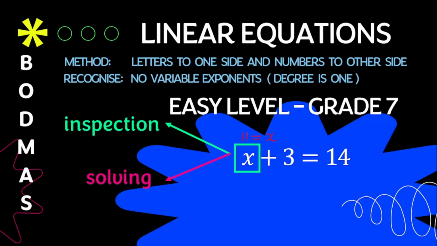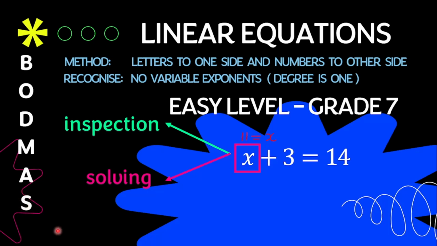Now, when you get to the higher grades, we don't do inspection anymore, we do solving. So we are now going to solve for x, which means we need to isolate the x by itself on the one side. And when we isolate, we take everything that isn't the x over to the other side, but we use inverse BODMAS. So is there anything that, when I move over the equal sign, is going to subtract?